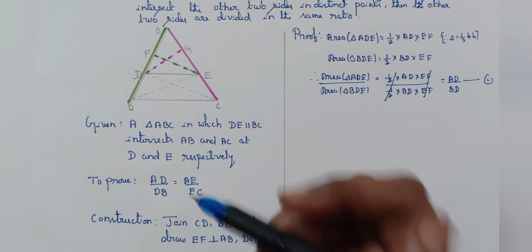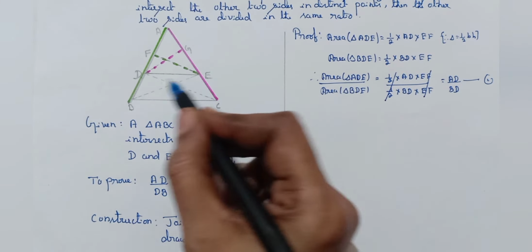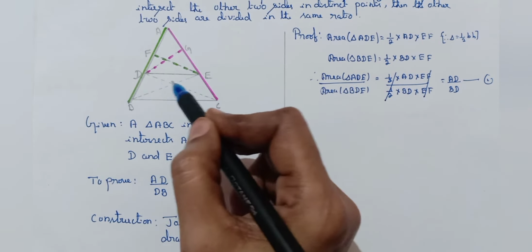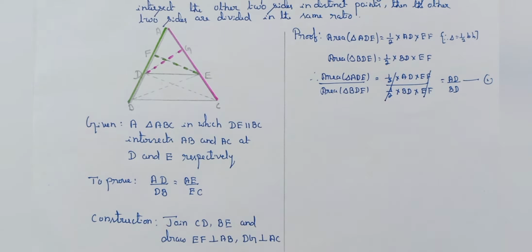Now consider the triangles on the side AC. AED and CED are the two triangles on the side AC. AED is an acute angle triangle and CED is an obtuse angle triangle. Now write the area of the triangle AED.